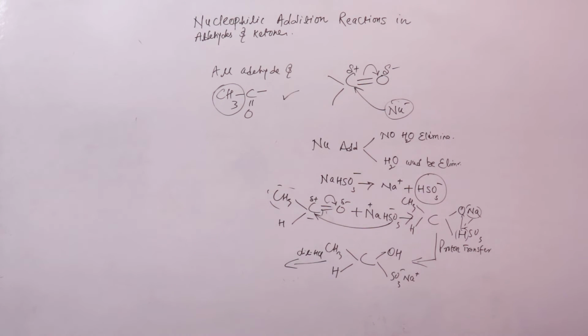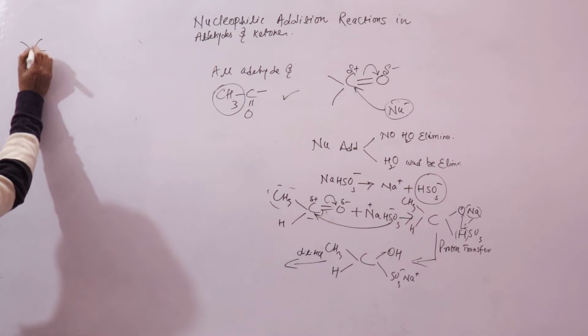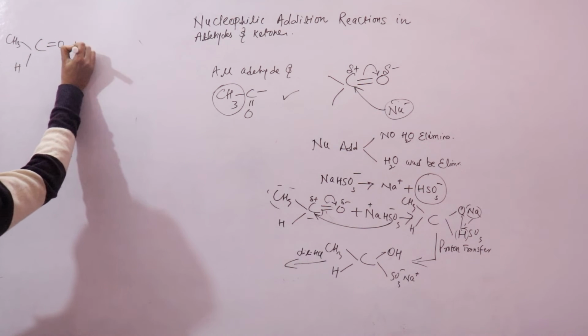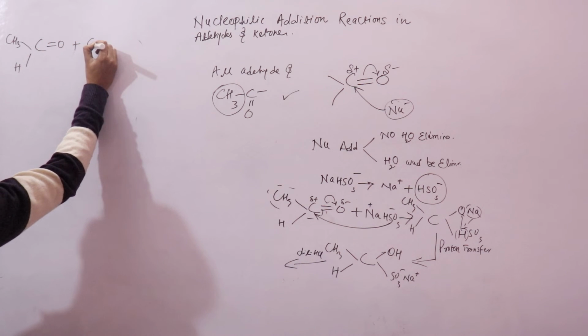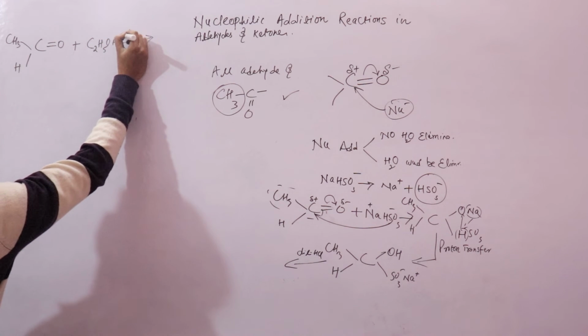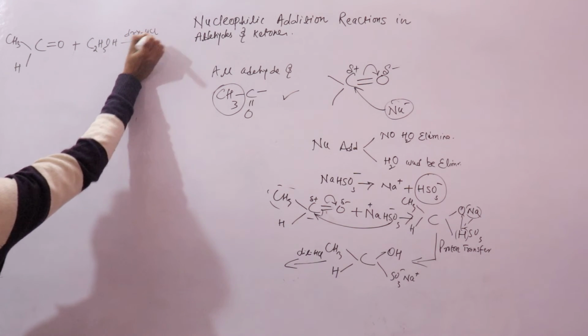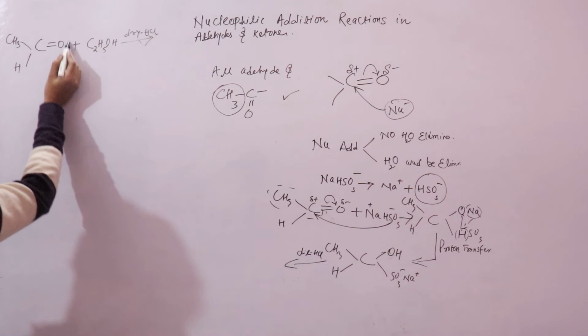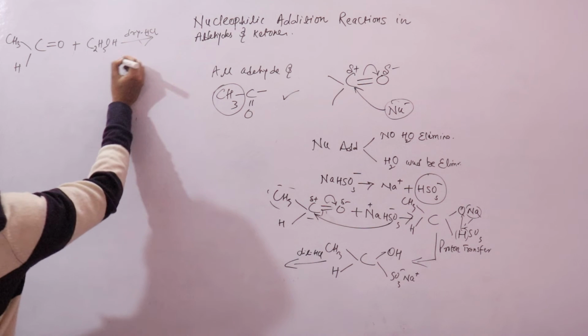First reaction would be the reaction of acetaldehyde with ethanol, C2H5OH, in presence of dry HCl gas. With this, first an addition product will form.